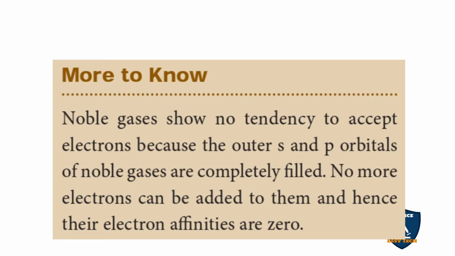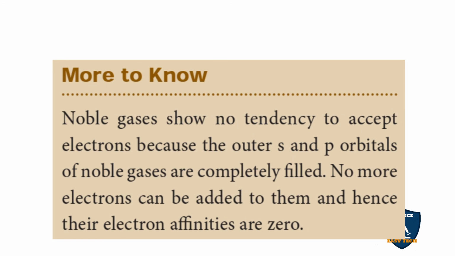More to know. The noble gases show no tendency to accept electrons because the outer s and p orbitals of noble gases are completely filled. As I said about the noble gases in ionic radii and ionization energy, they are completely filled. The noble gases are the 18th group.